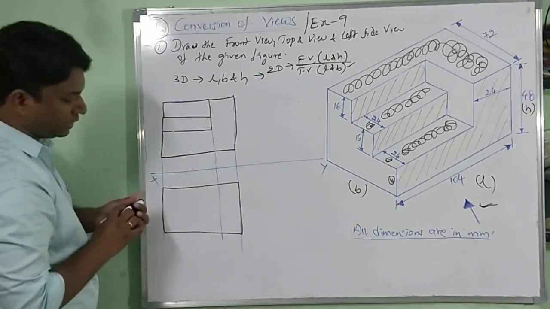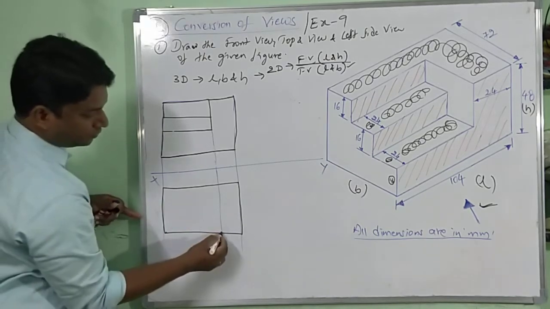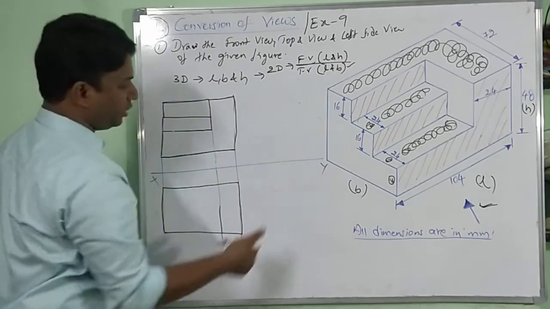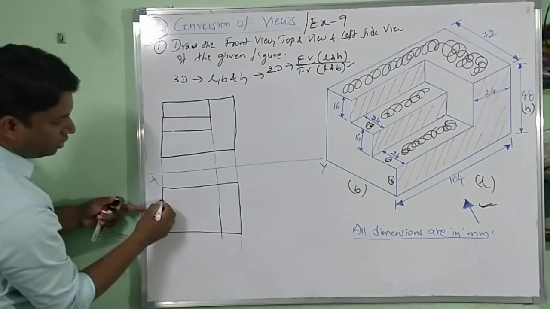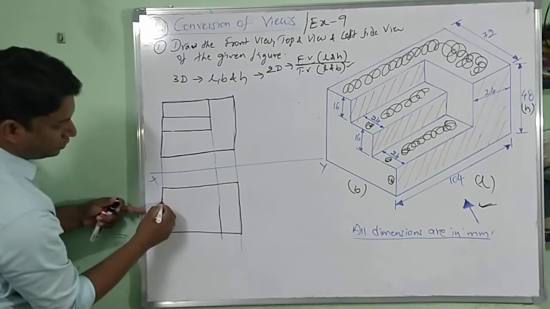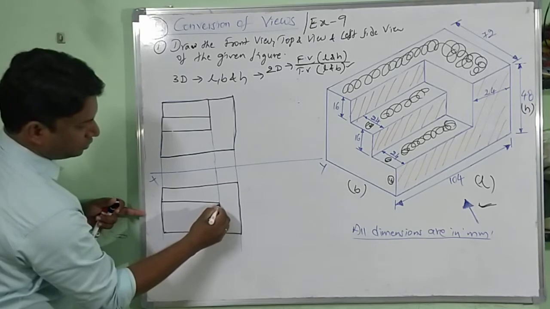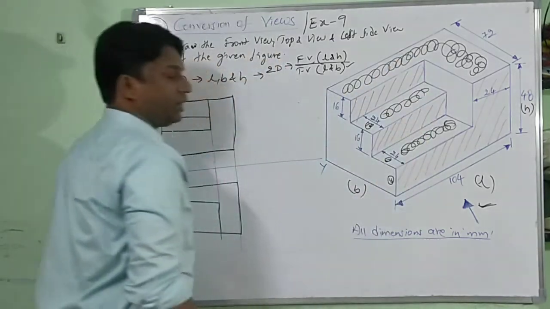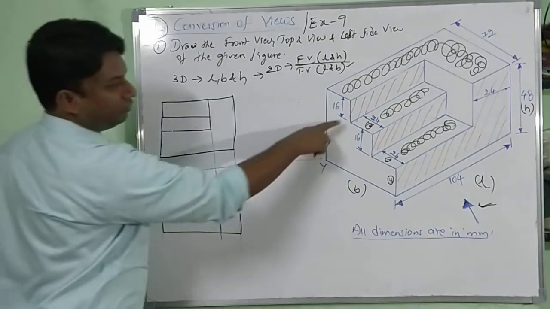Projector, we call it as projector. Now from here, draw a line up to what? This is 24. Now from here, try to draw 24. Top first L shape we have drawn neatly. Now second one, 24.